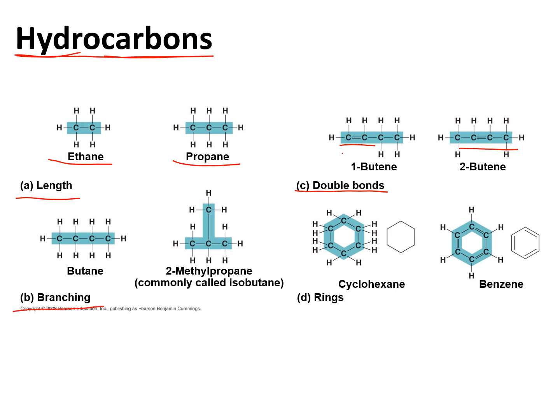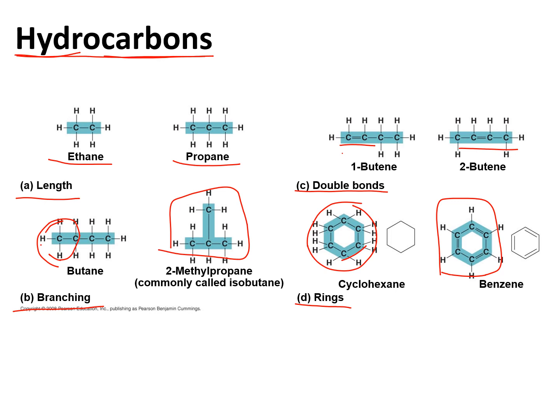Also, carbon can branch because each carbon atom can form 4 covalent bonds. You can get all sorts of branching, and it can become very, very complex in the molecule. And the last type of variety are rings. So hydrocarbons can form into rings, and depending on whether all the bonds are single bonds or you include double bonds, that can affect the function of the ring.